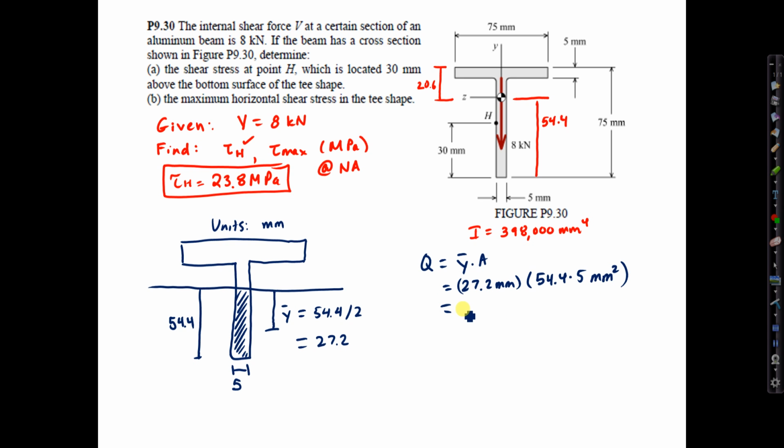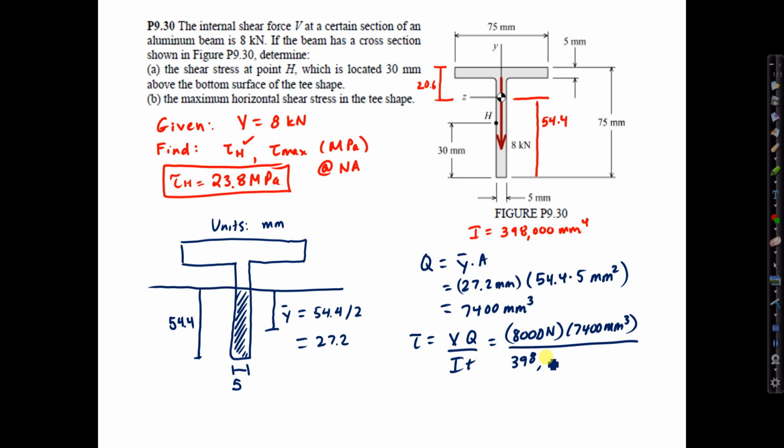This computes to about 7,400 millimeters cubed. That's out to 3 significant digits. Tau equals VQ over It, 8,000 newtons times 7,400 millimeters cubed divided by 398,000 millimeters to the fourth, and t again is 5 millimeters, computes to 29.7 megapascals.